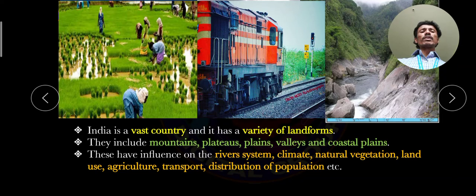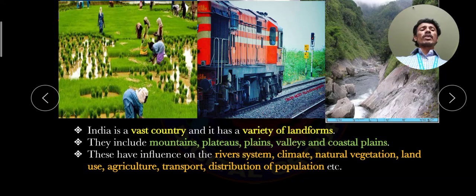These have influence on the river system. What else do they influence? Climate, natural vegetation, land use, agriculture, transport, distribution of population. It means mainly mountains, plateaus, plains, valleys and coastal plains influence the river system. Variety types of river system are there throughout the Indian country.